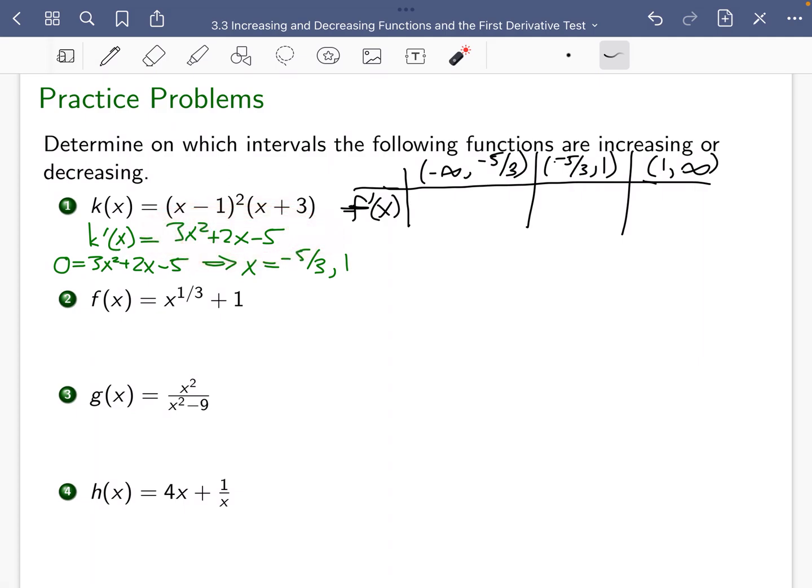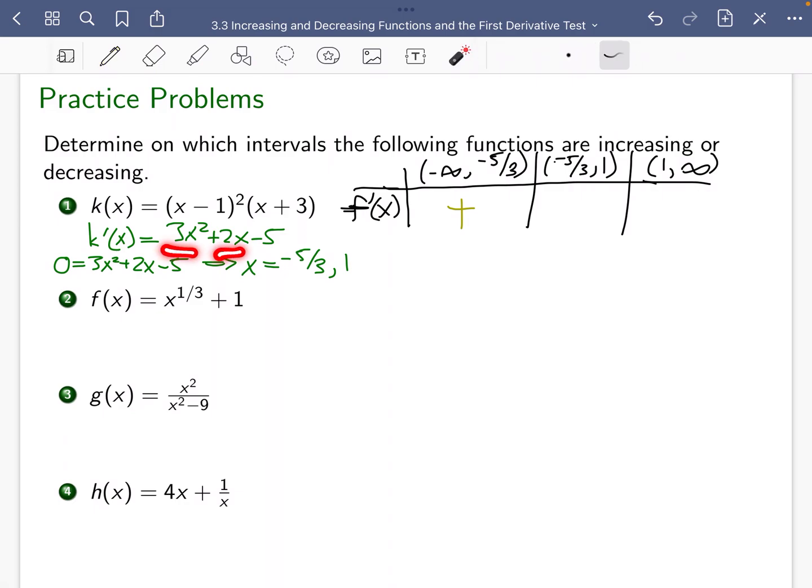So like negative 10. 3 times negative 10 squared, that would be like 300, plus 2 times negative 10, so 300 minus 20 minus 5. I don't know what value that is, but I know it's positive. So we'd get a positive value if we plug in something smaller than negative 5/3. Plug in something between negative 5/3 and 1. A nice test point might be 0.